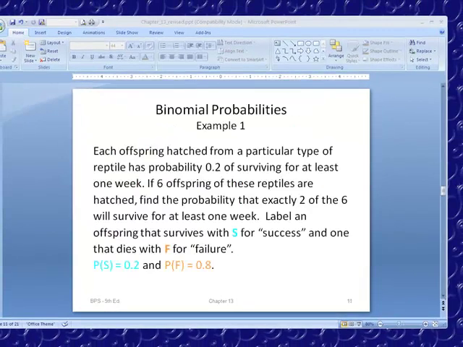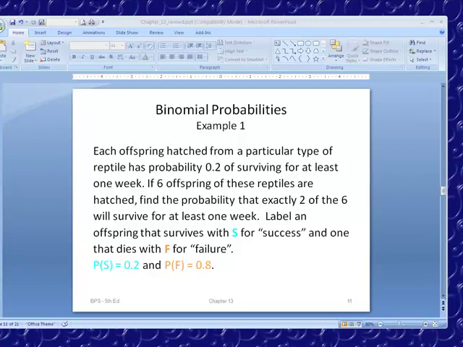So let's look at this particular problem. Example 1. Each offspring hatched from a particular type of reptile has the probability of 0.2 of surviving for at least a week. If 6 offspring of these reptiles are hatched, find the probability that exactly 2 of the 6 will survive for at least 1 week. Now, label an offspring that survives with S for success and one that dies with F for failure.